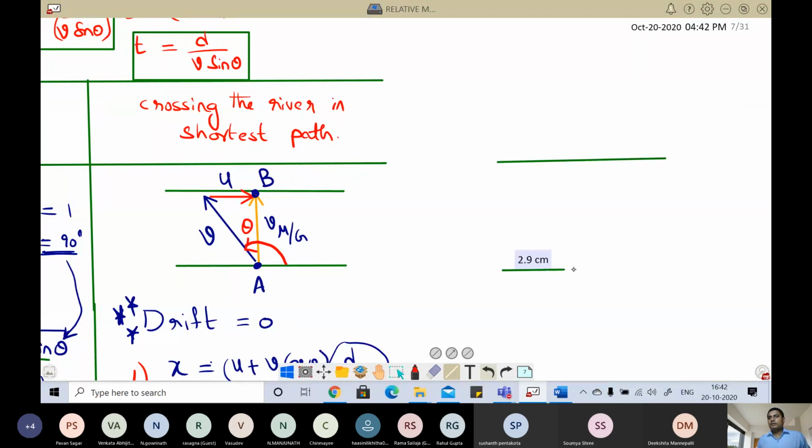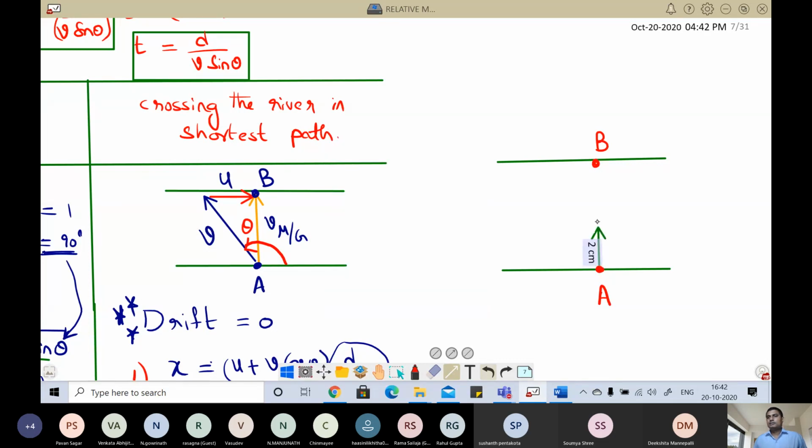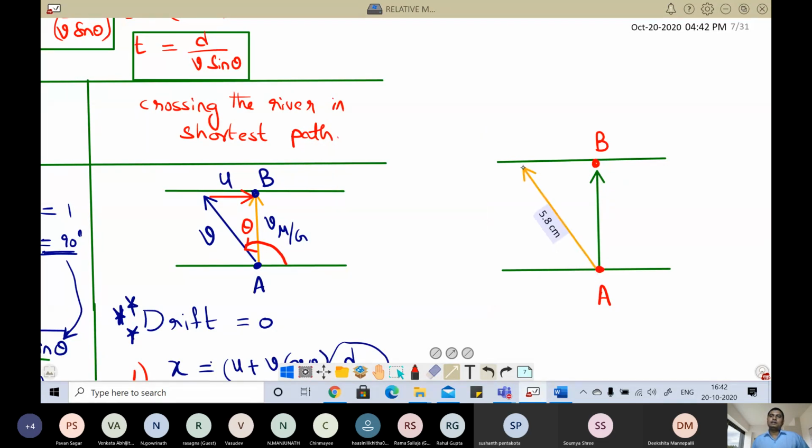Now, to cross the river in the shortest path, yesterday we saw that the shortest path is this one, this length. That part I'm very sure about. So I have to reach like this. My common sense says that I have to head in this direction.